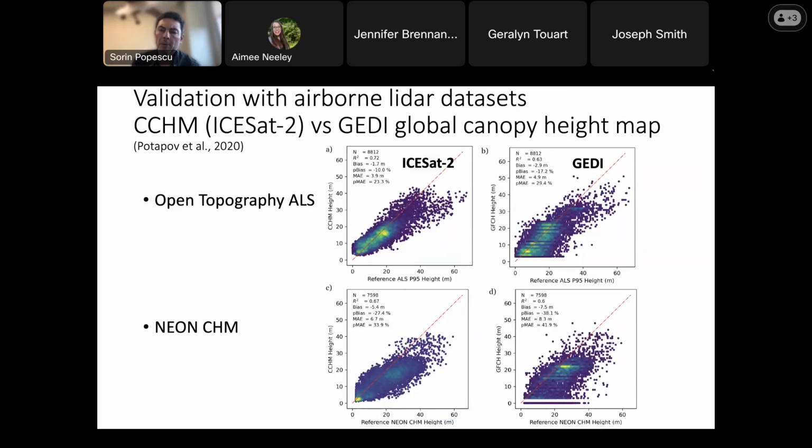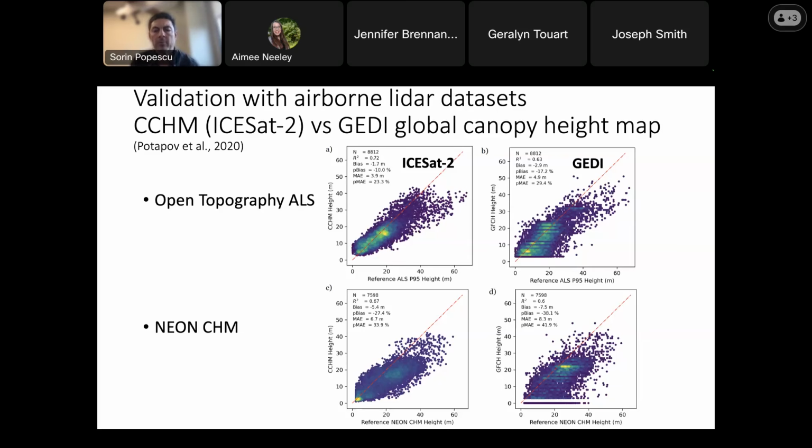We also looked at other canopy height products, and we were curious to see how our map compared to a map derived using GEDI data. So there's a publication by Potapov from 2020 where they generated a global extent canopy height map at 30 meters as well.